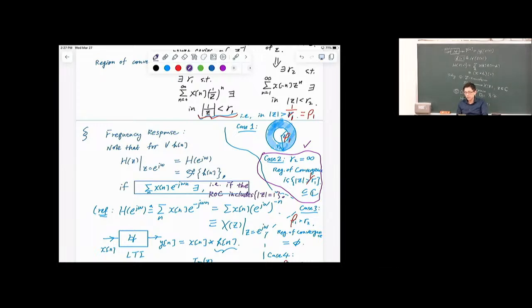So that's to be rigorous. We can talk about the Fourier transform of our impulse response. Okay? Now when the region of convergence includes the unit circle, then the impulse response has a DTFT, because the summation converges. Okay?